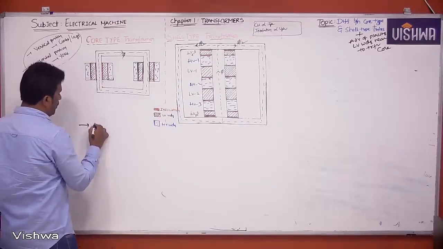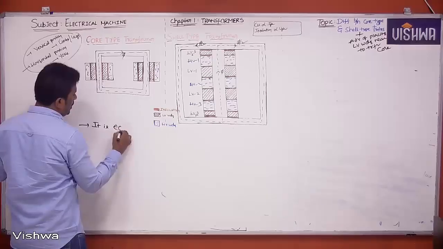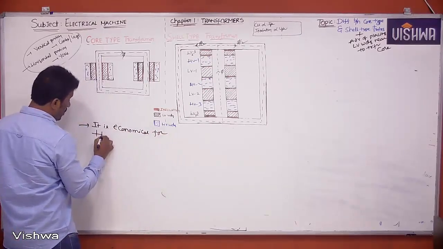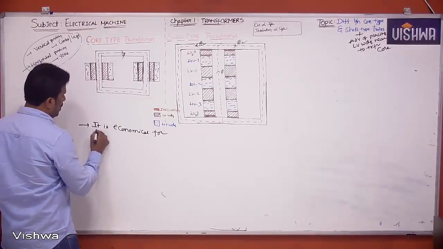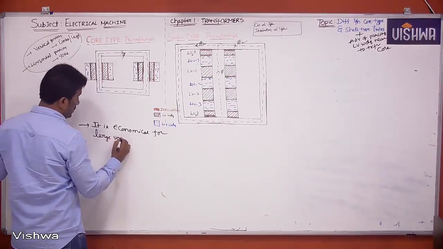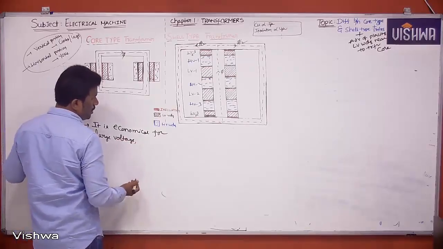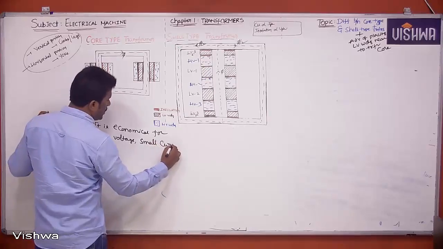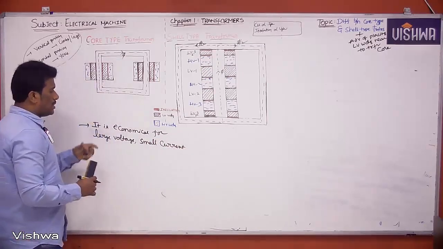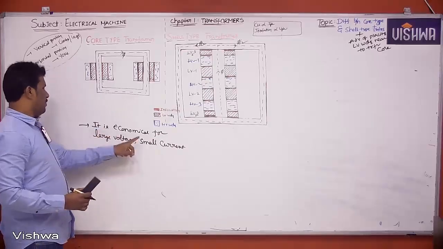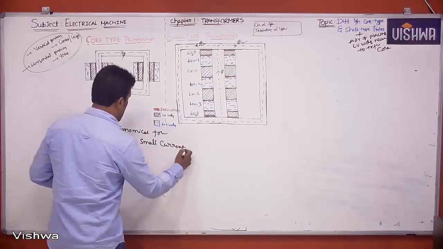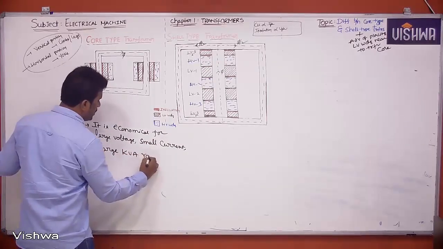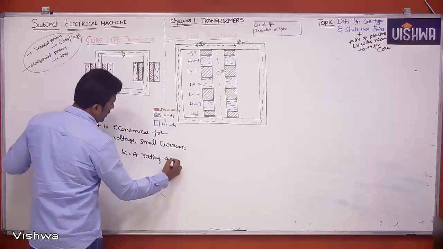There I told you core type transformer is economical for large voltage, small current applications. In addition to this, we are adding one more thing: it is economical for large voltage, small current, large kVA rating applications.